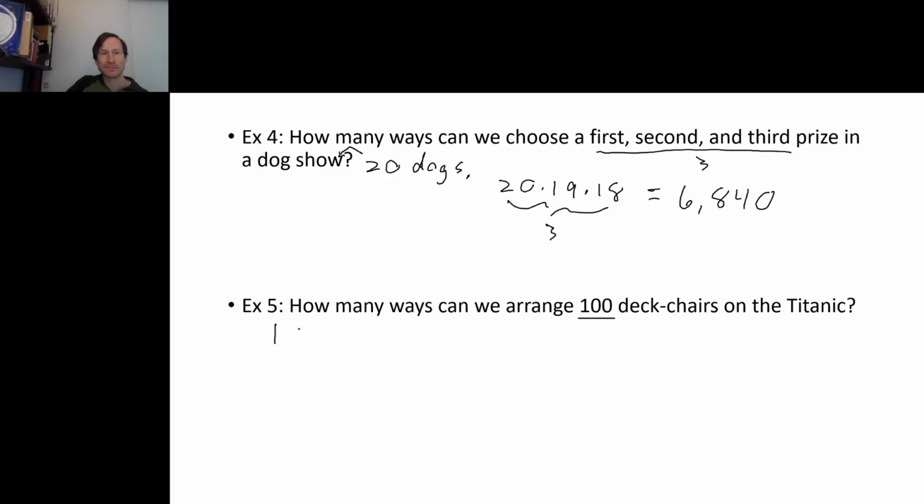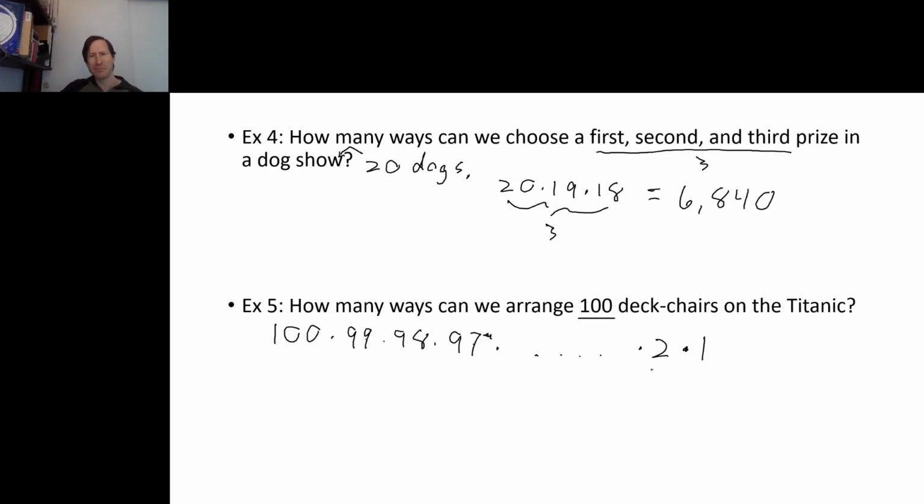So we start at 100 and then times 99, times 98, times 97, and so on, all the way down to times 2 and then times 1. I won't actually calculate what this is because it's an enormously large number, but if you could calculate it, this is how many ways you could arrange the deck chairs.